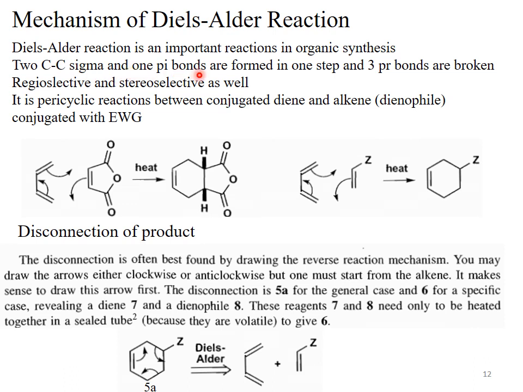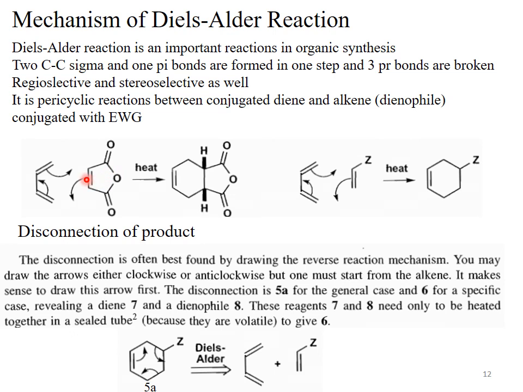See this double bond, one hydrogen is attached with this carbon and the other hydrogen is attached with this carbon. So these two hydrogens are cis to each other. As I told you in previous slides, the stereochemistry of the reactant is reproduced in the product.